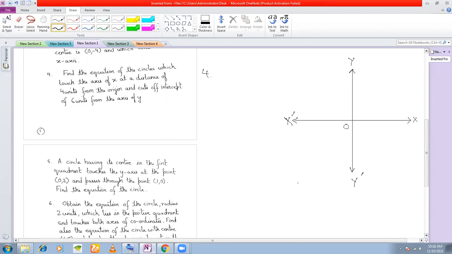This circle touches the axis of x at a distance of 4 units from the origin. So let's say we have a circle like this. Or you can also have a circle like this.